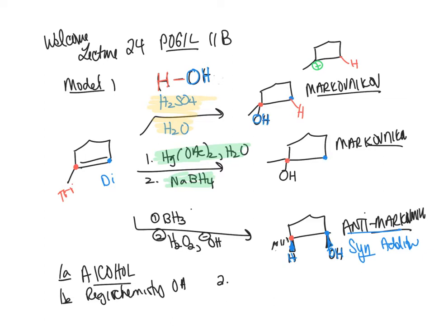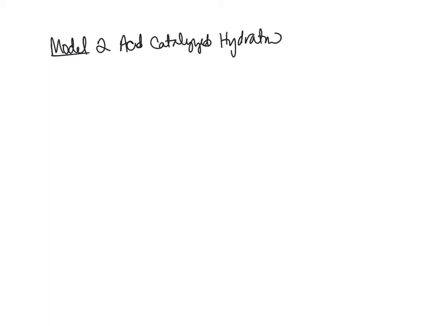All right, let's go to Model 2. Model 2 is called acid-catalyzed hydration. So this is the first reaction that we just saw. And we're going to talk about the reaction mechanism.